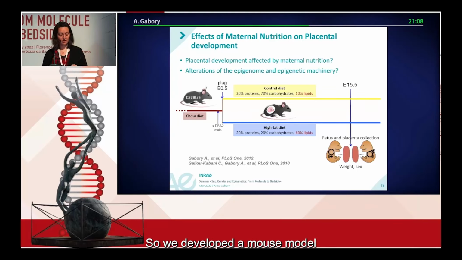So we developed a mouse model where we changed the diets of the mother when we see the plug, which is the beginning of gestation, to either a control diet with 10% lipids and a matching high-fat diet with 60% lipids. And we collected the fetuses and placenta at E15.5, which is the middle of the fetal period.